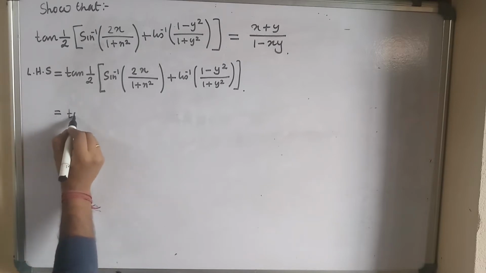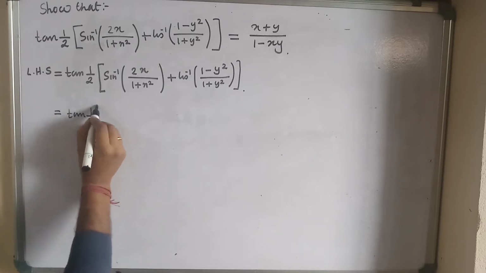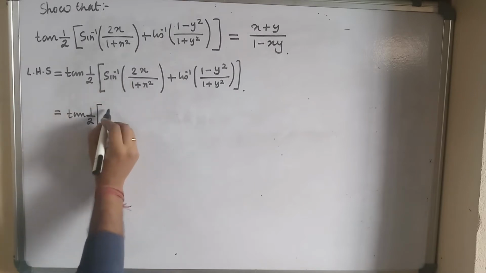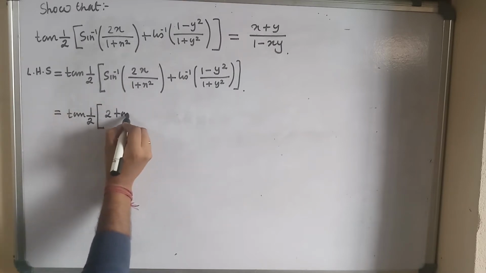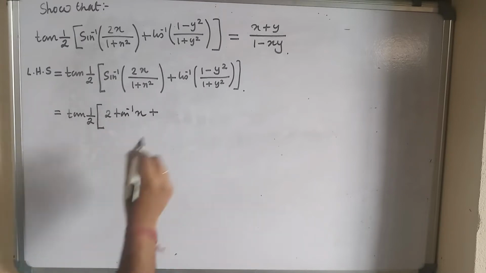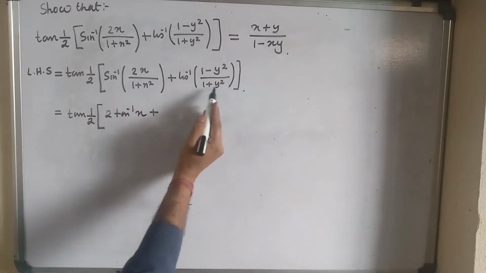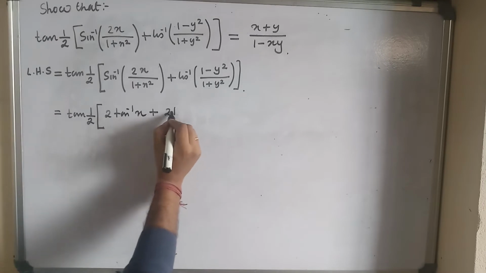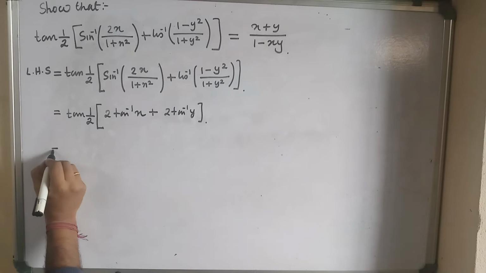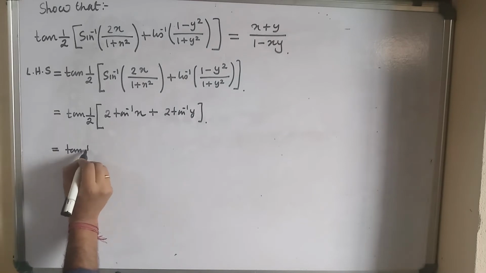Now we can do one thing here. Sine inverse 2x over 1 plus x square we can directly write as 2 tan inverse x, as well as cos inverse 1 minus y square over 1 plus y square is also 2 tan inverse y. Then this is equal to tan of half.